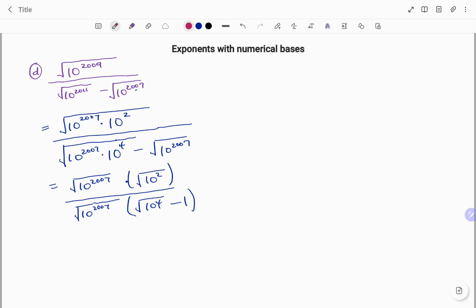This cancels, that's root of 10 to the power of 2007, therefore I have square root of 10 squared, that's 10, over square root of 10 to the power of 4, that's 10 squared, minus 1, that's 10 over 100 minus 1, and that's 10 over 99.